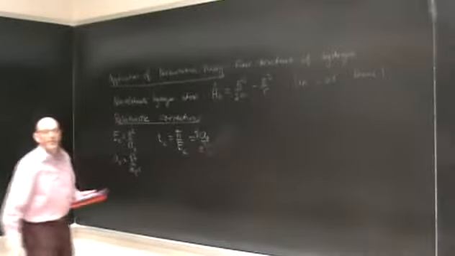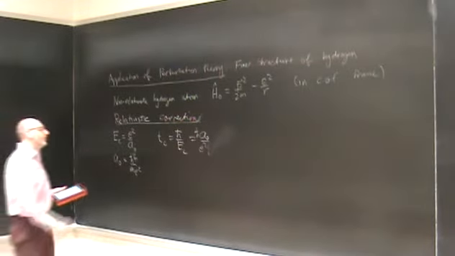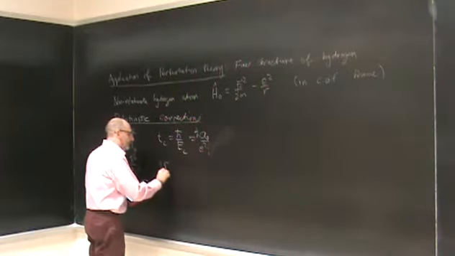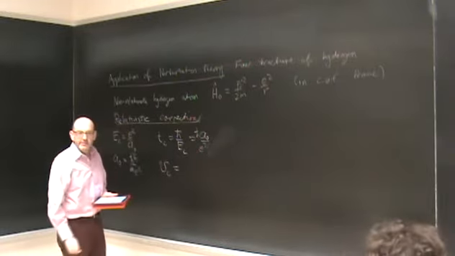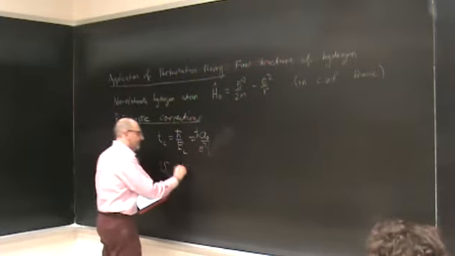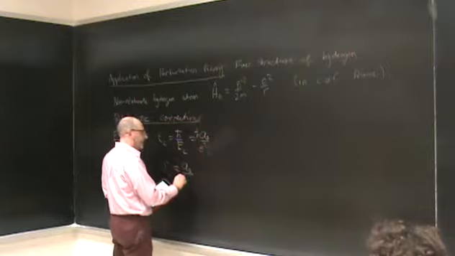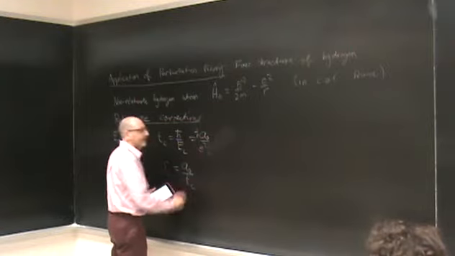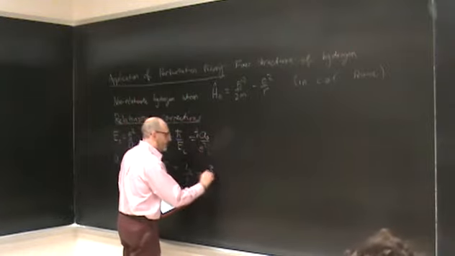Got myself confused for a moment. That's correct. So the characteristic speed of the electron is the characteristic distance over the characteristic time, which is e squared over h bar.